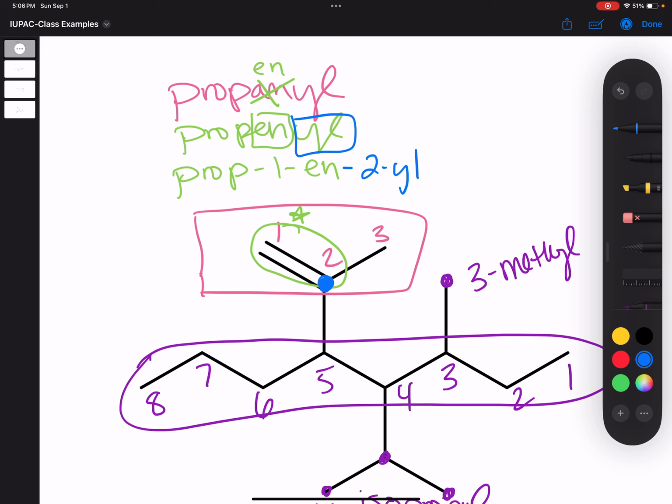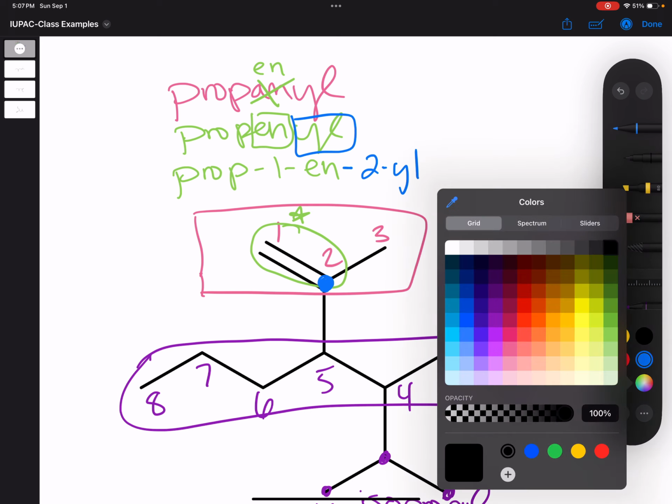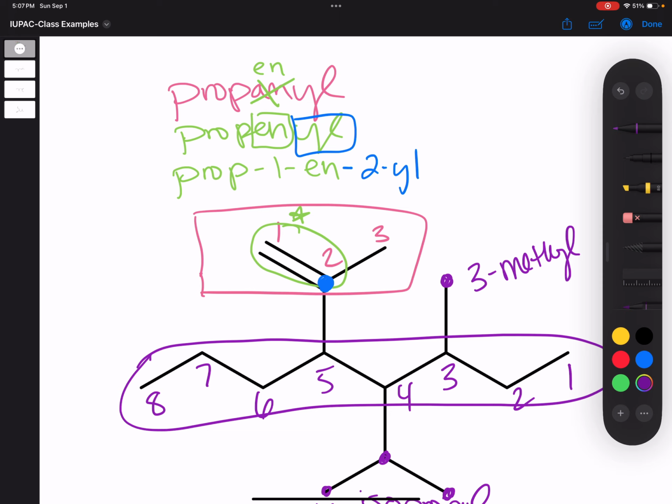So that's the name, prop-1-en-2-yl, but it's still a substituent off of the large parent chain. So I need to know where it is off of that, which we already know to be carbon 5. And that number is going to be in the very front, in front of the parentheses. So there is the complete name for the mini compound substituent.